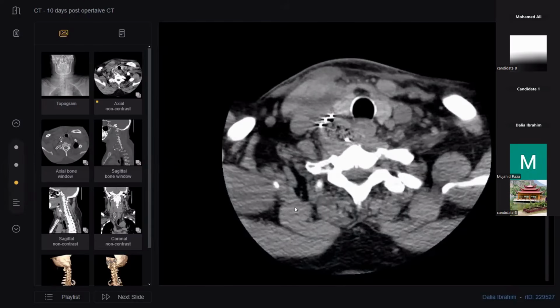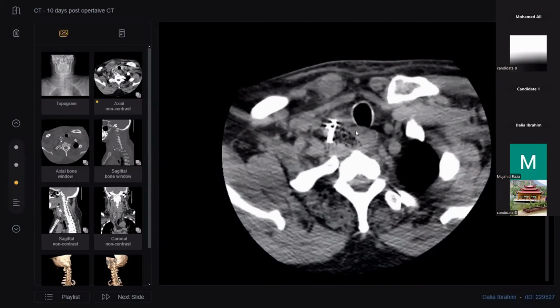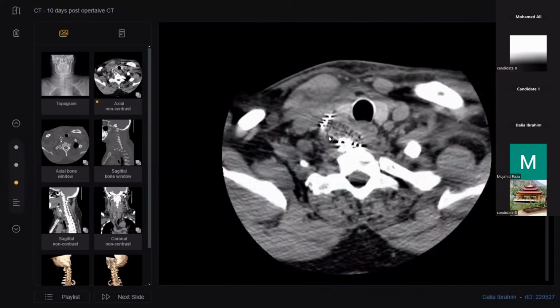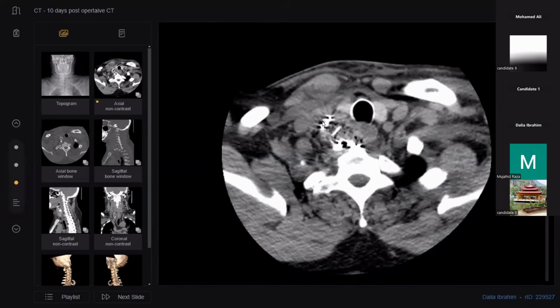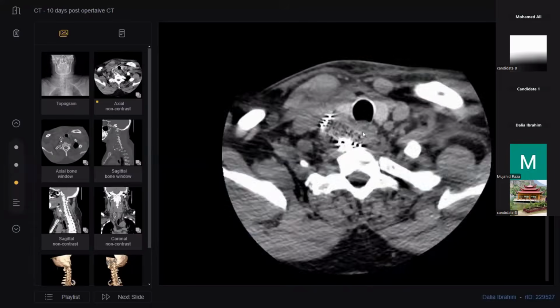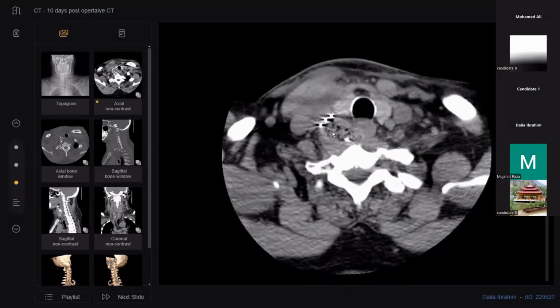Okay, we have a classic appearance of gossypiboma, which is a spongiform appearance with air bubble-like. Okay, and the curvilinear metallic structure seen at the site of the operative bed. It's compressing the esophagus to the left side and slightly the trachea.